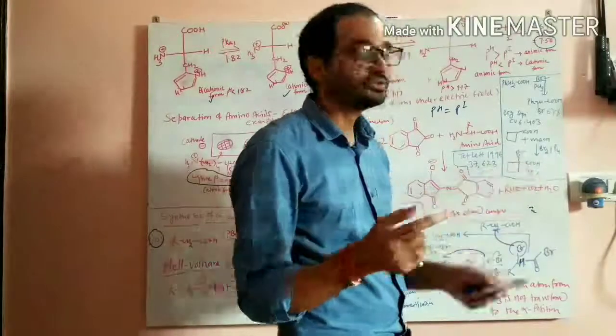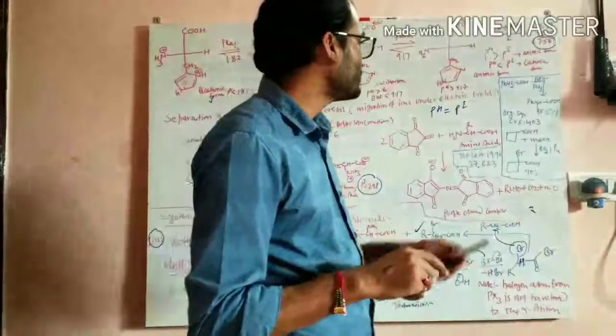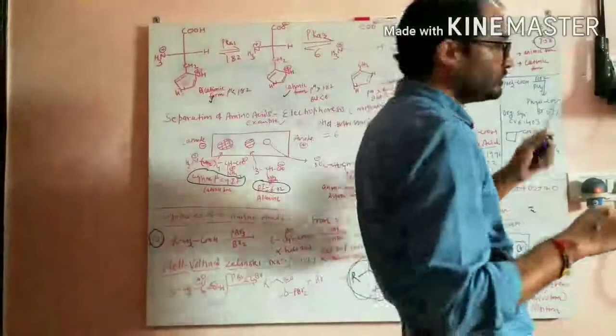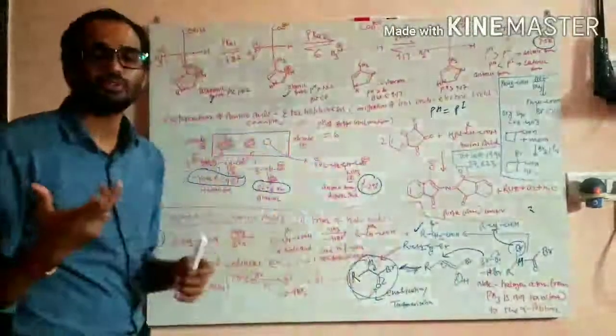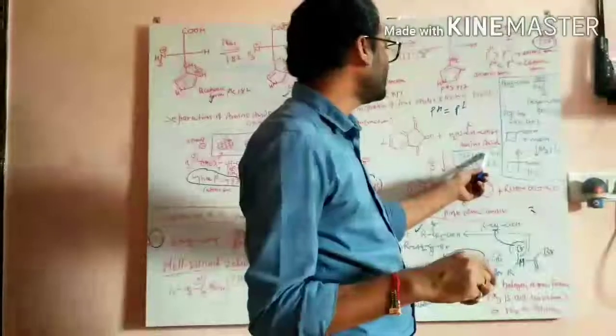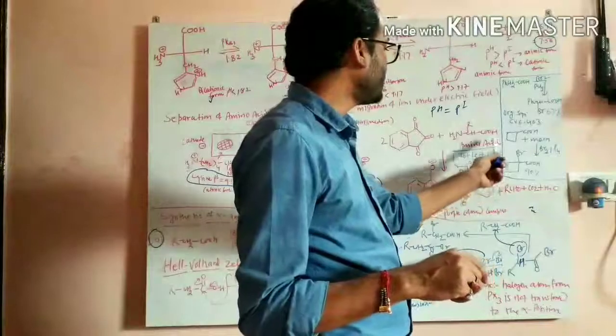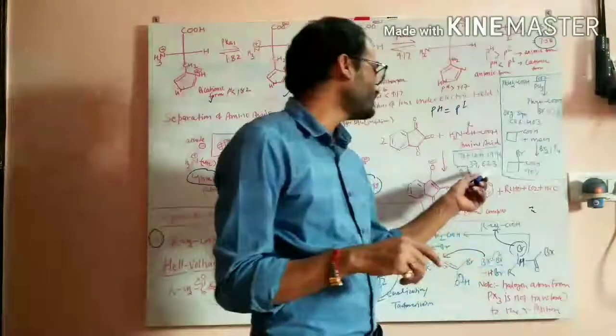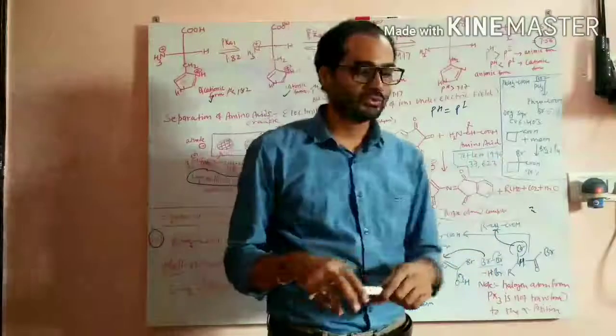So this also suggests that the bromine is coming from Br2, not from PX3, PCl3, or PBr3. And this example is from Tetrahedron Letters, published in 1996, volume 37, page number 6.